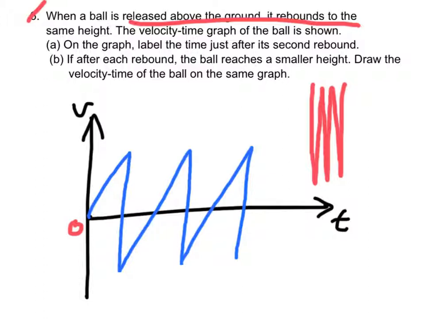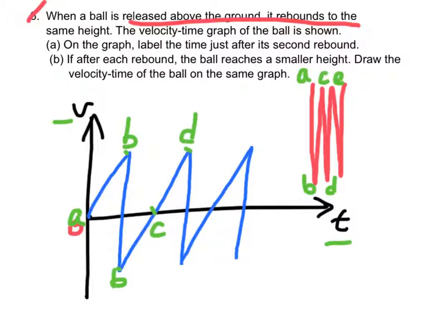If we locate the positions during the path as A, B, C, D, E, etc., the corresponding positions on the VT graph will be A, B, C, D, E. The time just after its second rebound is at D. Therefore, on the time axis, this is the point where we have the second rebound.